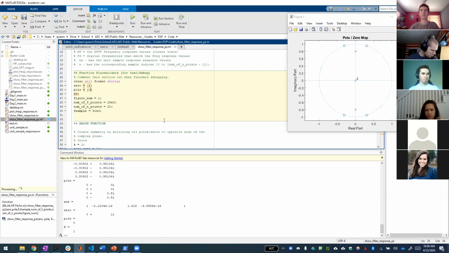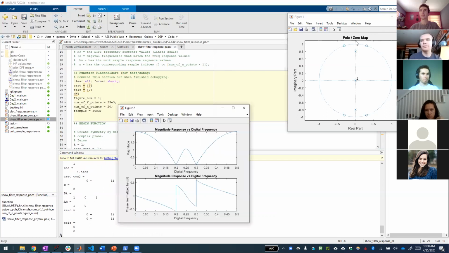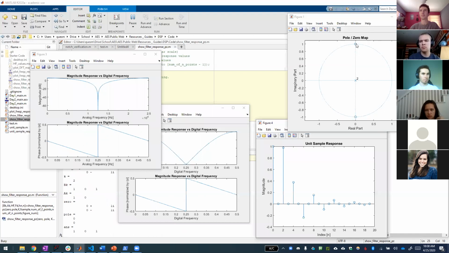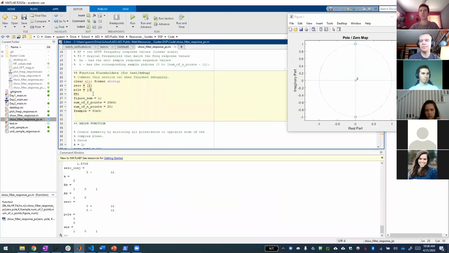Oh, run the whole thing. So we just have a zero here. That's not really going to do what we want because it's just going to pull it down. But depending on how much we want to pull it down, you can also move these poles closer and say 0.6j.